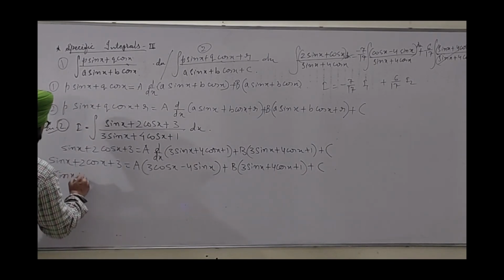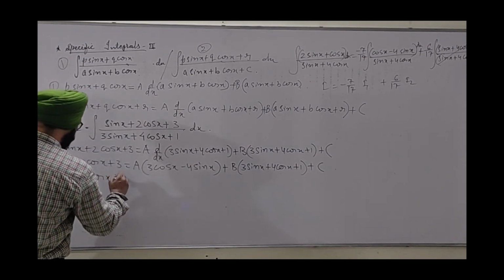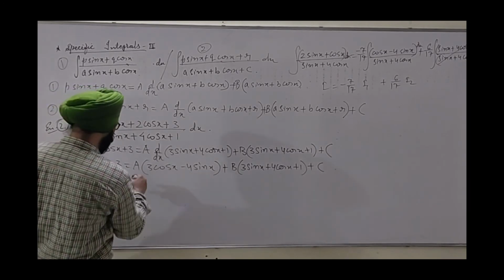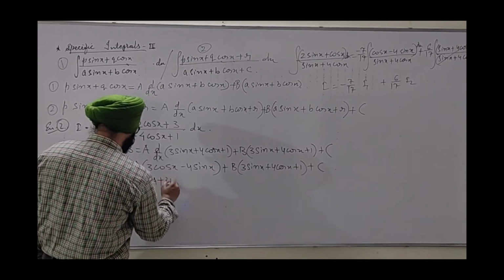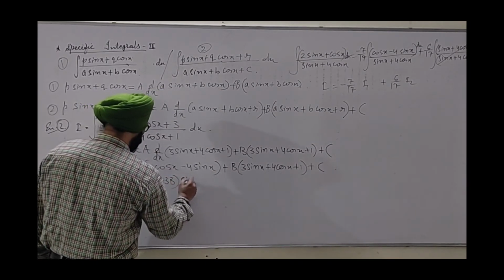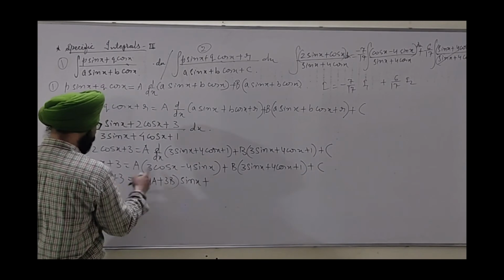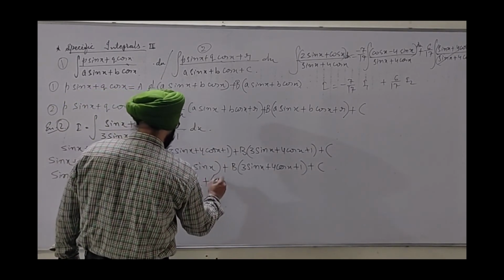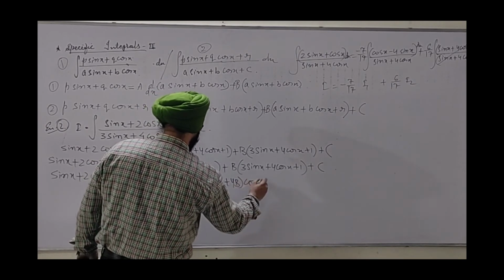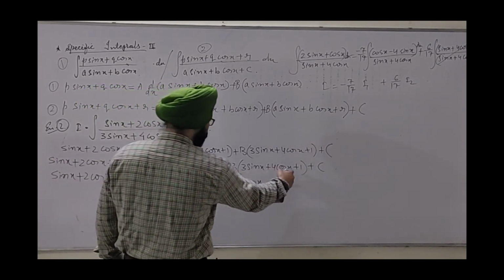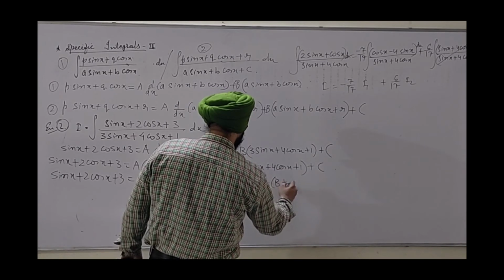For sin x plus 2 cos x plus 3: from here minus 4A for sine, one more term plus 3B. For cos as a second term, 3A plus 4B, and for the constant we have B plus C.